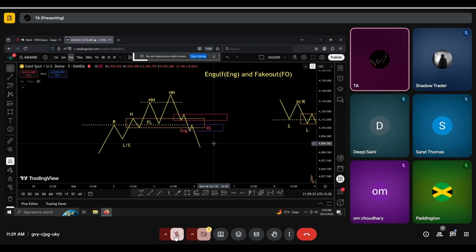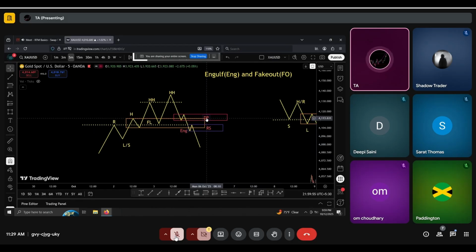So what happens in this case, after breaking this FL, if price doesn't go back to this DP level? This is DP, this is DP.